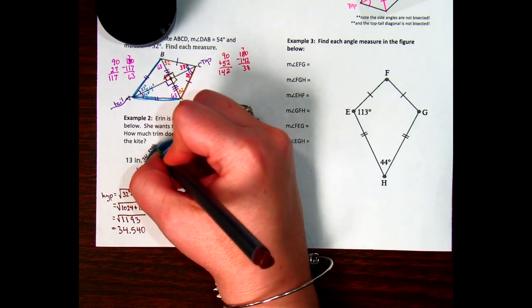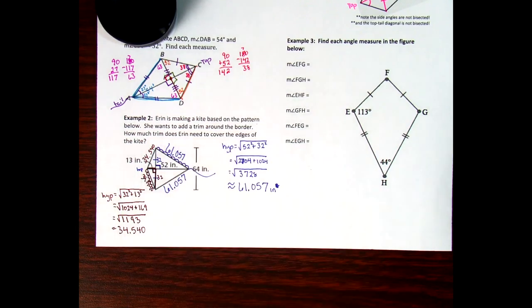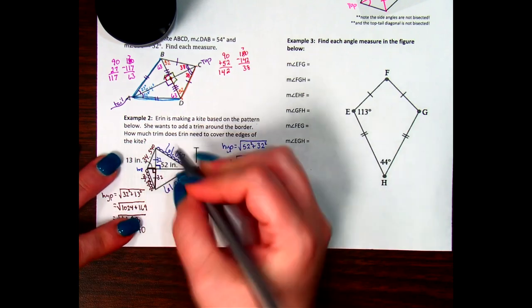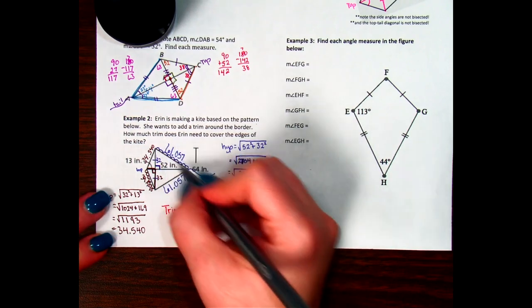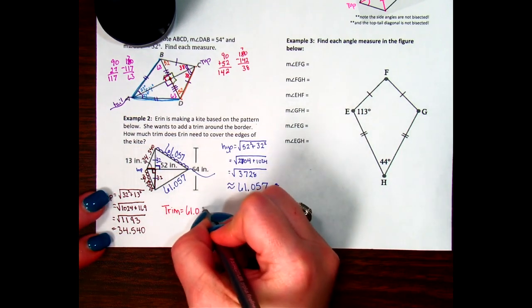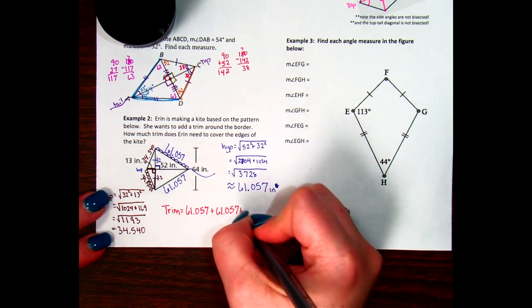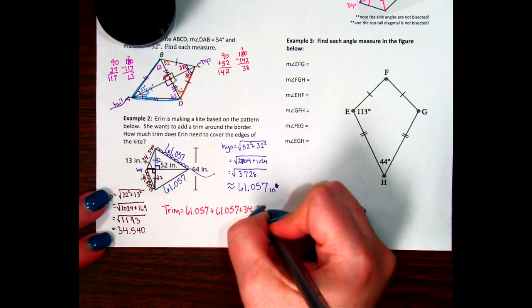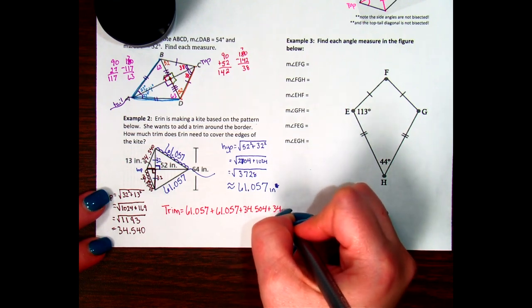Okay. All right, so then what I need to do, it says how much trim do we need to cover the edges of the kite? We need to add all 4 of them together, and we need to find the perimeter to find how much trim she needs. So it's going to be the 61.057 plus the 61.057 plus the 34.540 plus the 34.540.